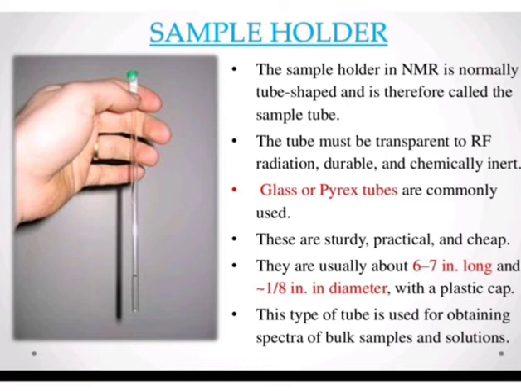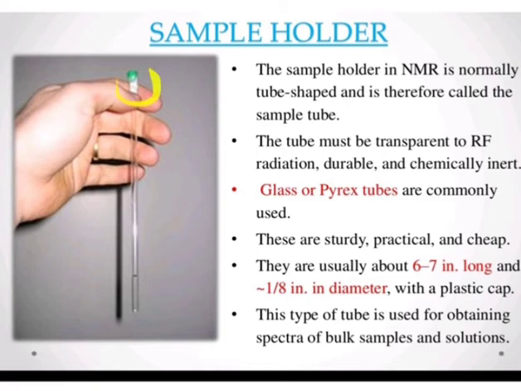Then these are sturdy, practical and cheap. Means anyone can buy them for NMR instrumentation easily. They are usually about 6 to 7 inch long and 1/8 inch in diameter, with a plastic cap.